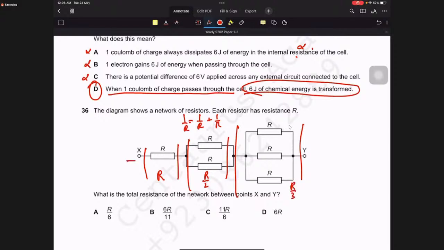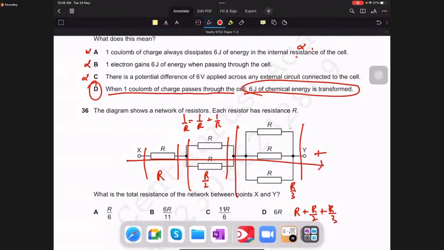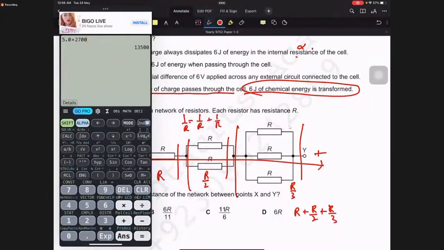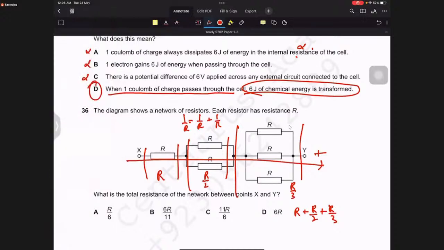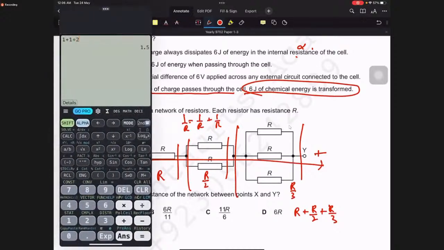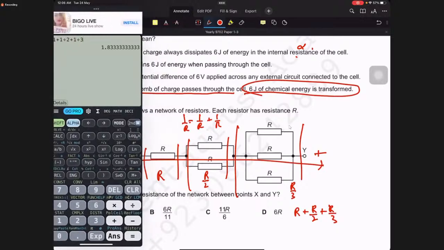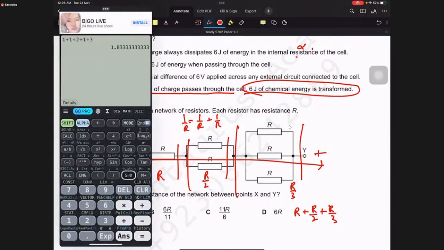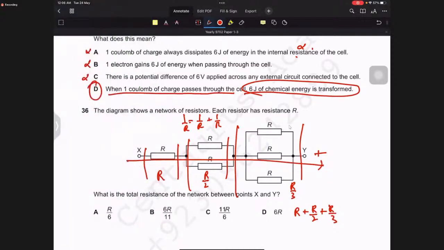Now they're all in series, so we add all of them: R plus R by 2 plus R by 3. Let's see what you get. 1 plus 1 by 2 plus 1 plus 1 by 3. Is that even an answer? 11 by 6. Yay, you get it.